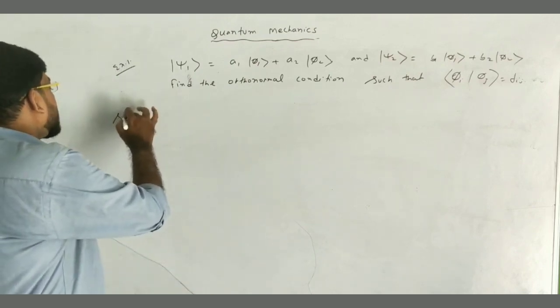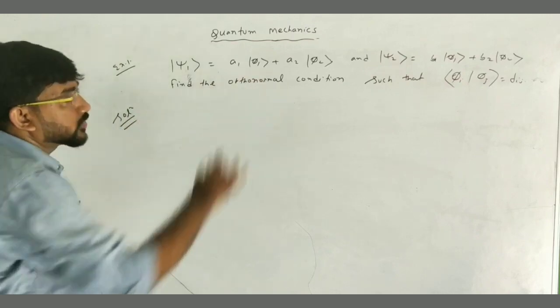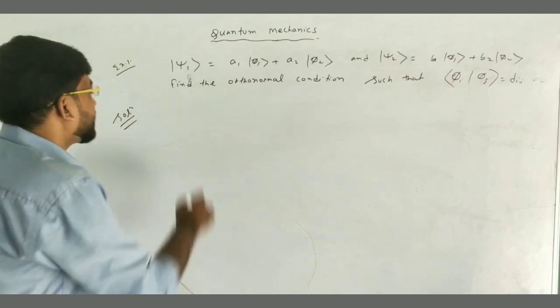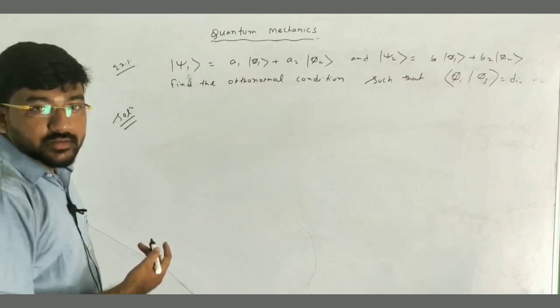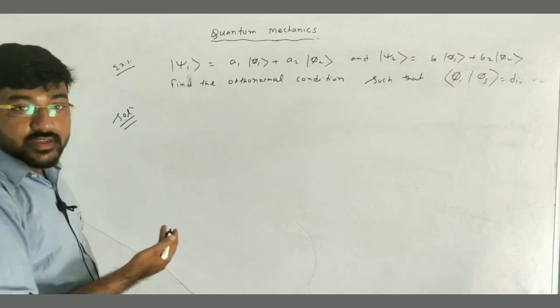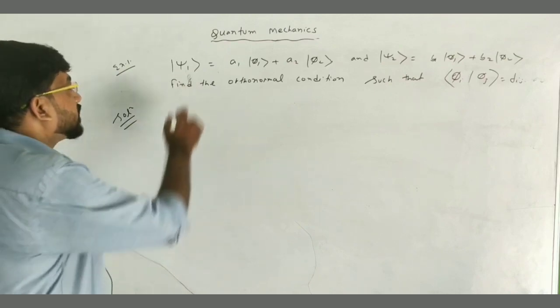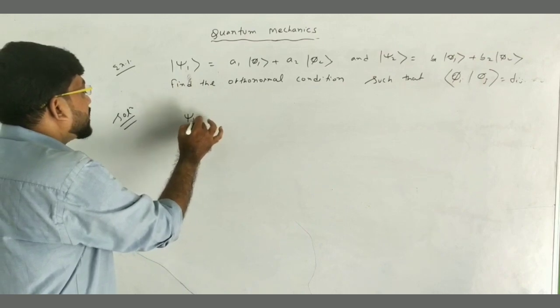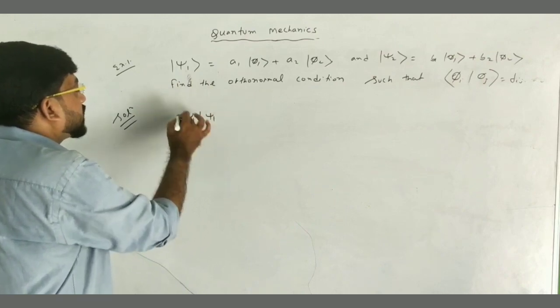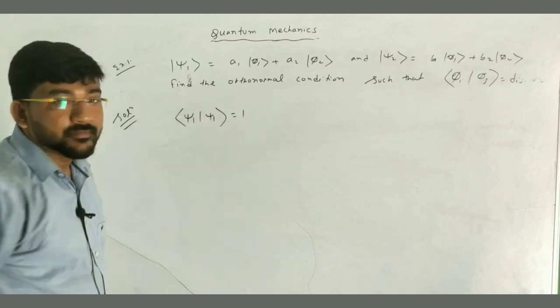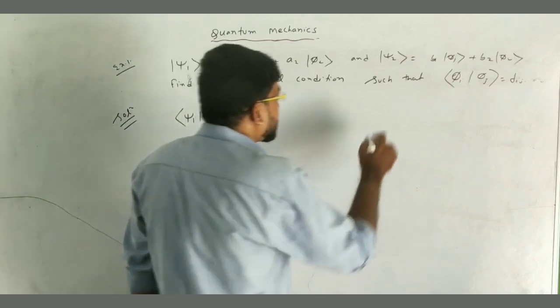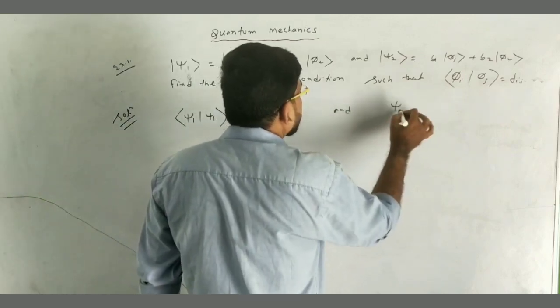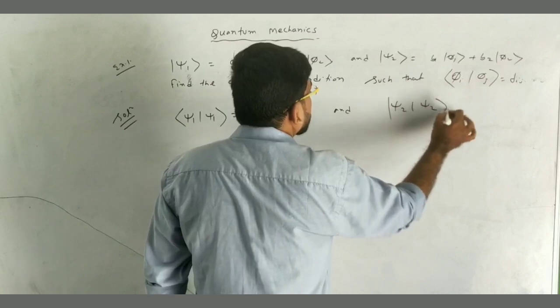So, what are the conditions that we can get from this information that they are orthonormal? If psi 1 and psi 2 are orthonormal, then obviously they will be orthogonal to each other, and they will be normal to itself. So, for psi 1 we will get this condition, psi 1 with psi 1 equal to 1, that is the normal condition, and also psi 2 with psi 2 will also be 1.